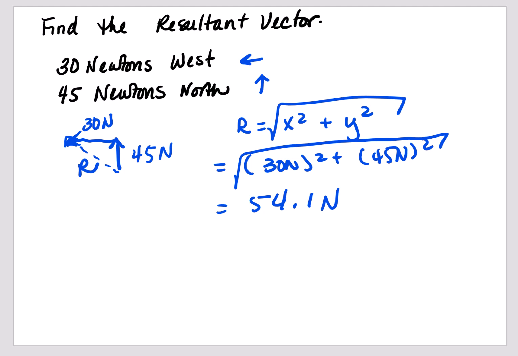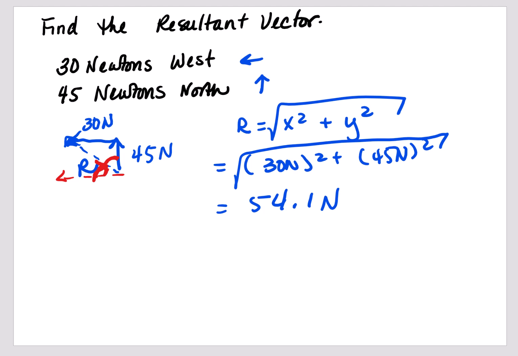So we could find this angle if you like, or we could find, if I draw my parallelogram, it is going west, so this is my angle. I am going to find the bottom angle.